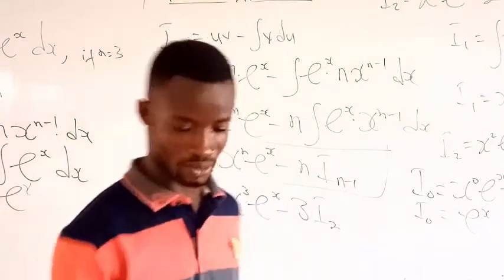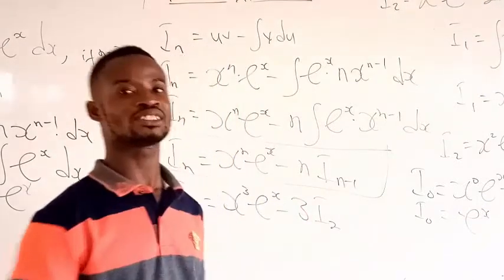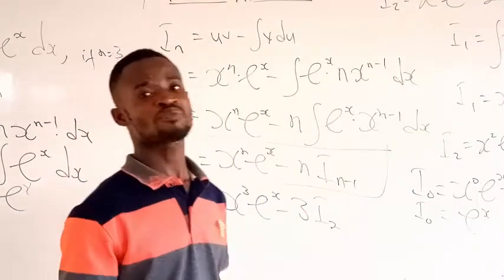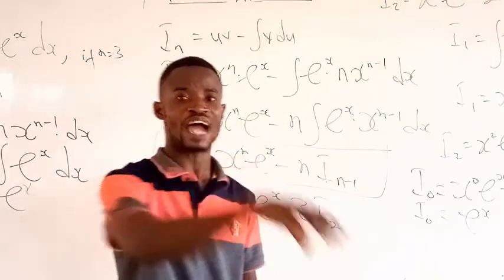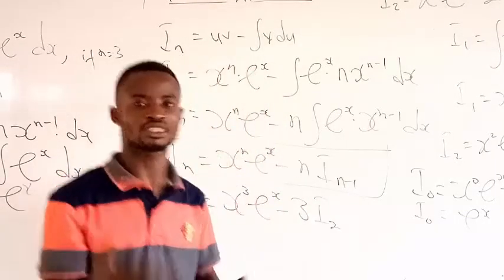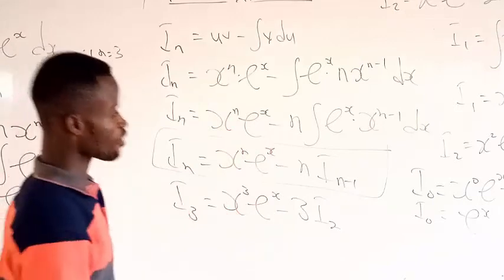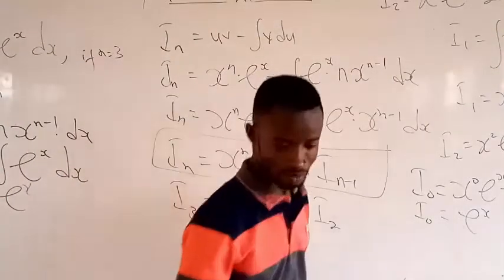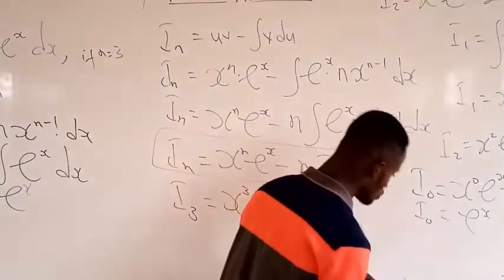Please, I hope you are following well. That is how we use the reduction formula. I'm teaching you how to derive it and how to use it to solve. Alright? Very good. So now, if this is I0, then let's repeat I2.